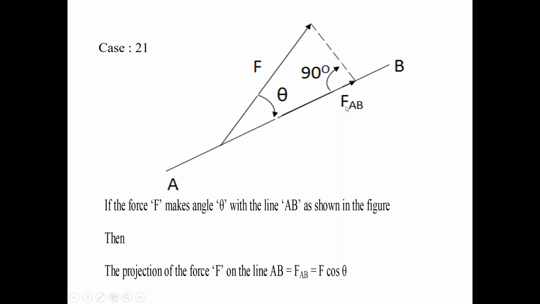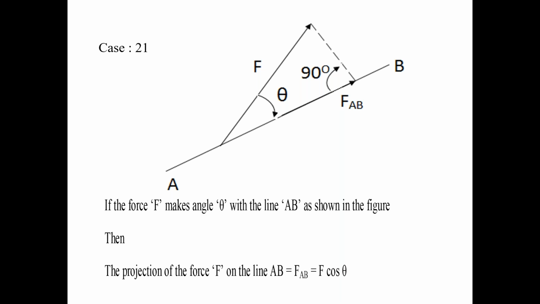We call this FAB the projection of force F on the line AB. Since this force F with the line AB making the angle theta, this projection FAB is equal to F cos theta.